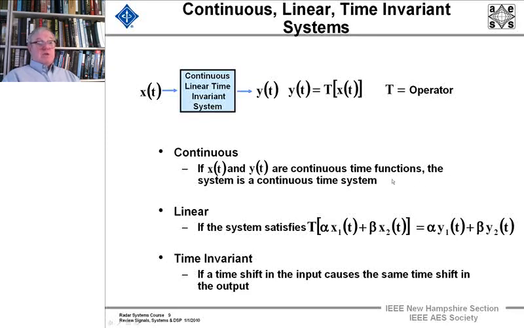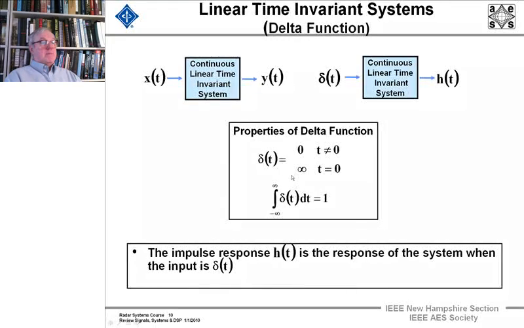Then the system is a continuous function of time. The system is linear if you do the transformation on a linear set of these functions, and you get this output for the two y's, for these two x's. And it's time invariant if time shifts in the input give the same time shifts in the output. So there we have a continuous linear time invariant system.